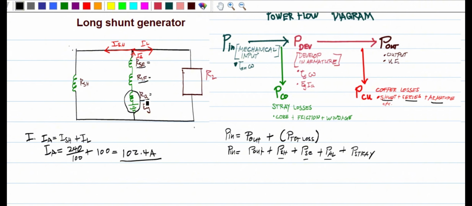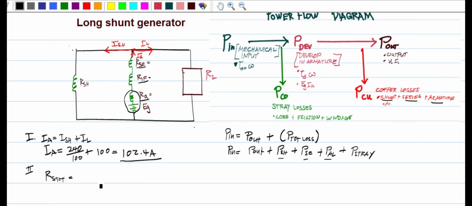Now that we have the IA, we will multiply it with these resistances to get the losses here. So let's find the total resistance of the series resistors, R series total.